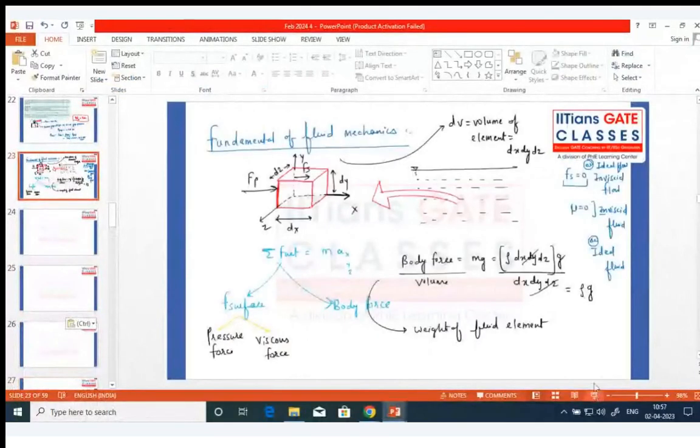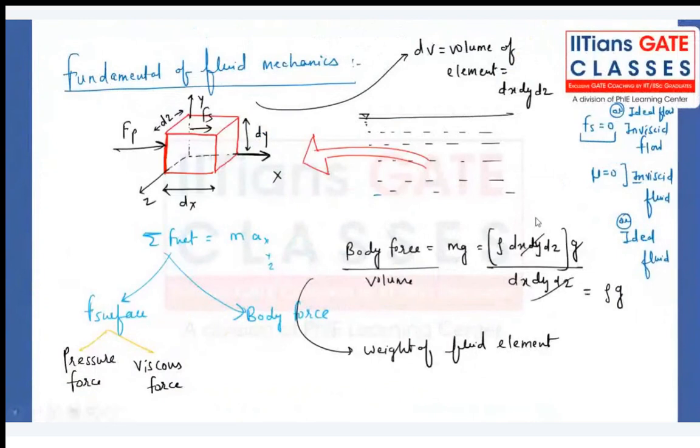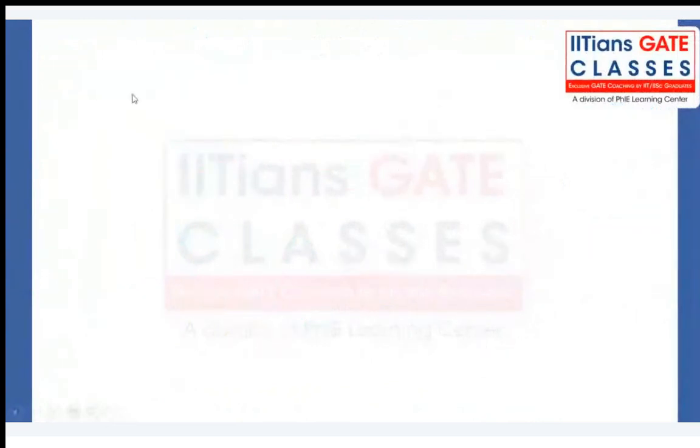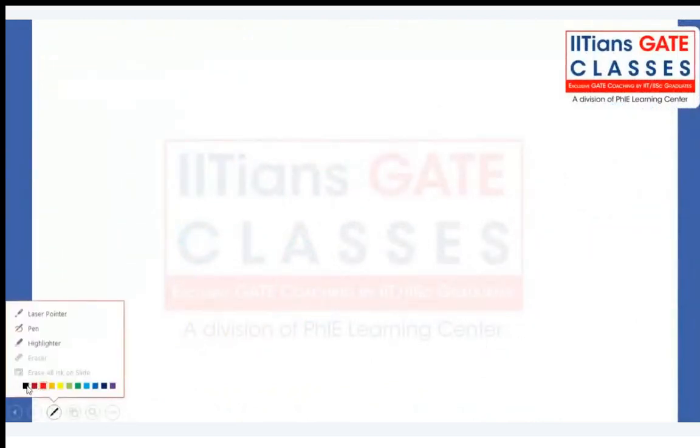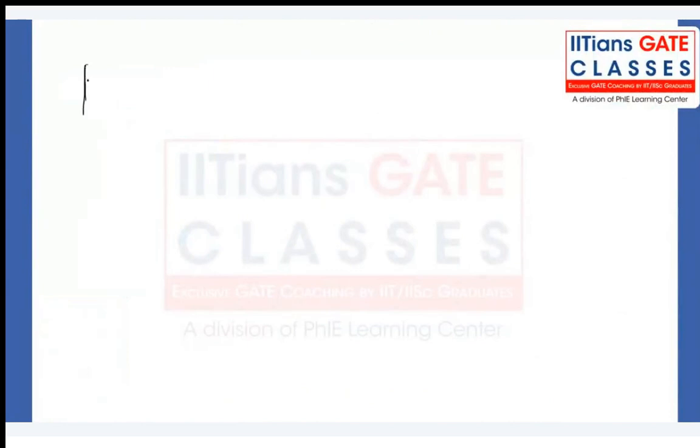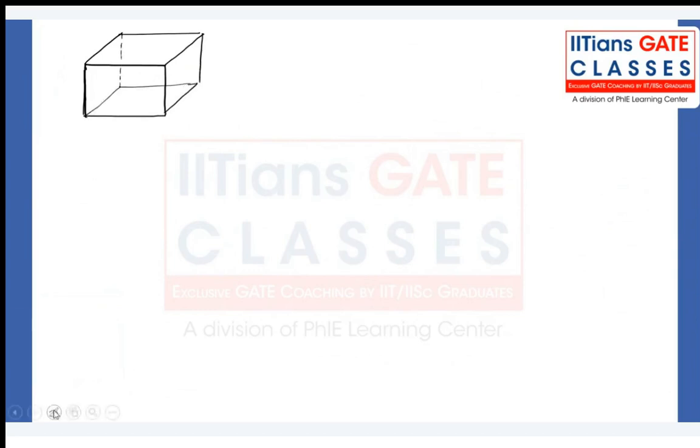Okay. So here, the fluid element which is being subjected to pressure forces will have what in the x direction?